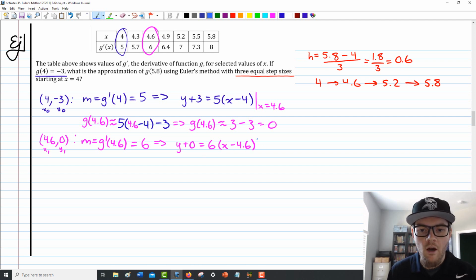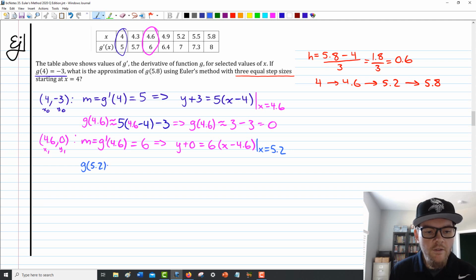We're now going to plug in our x value, which is going to be x equals 5.2. So digging in here, our next thing, g of 5.2 is going to be approximately equal to, let's see, according to this, it's going to be 6 times quantity x minus 4.6. And then, of course, it's minus 0, but we don't really have to include that.